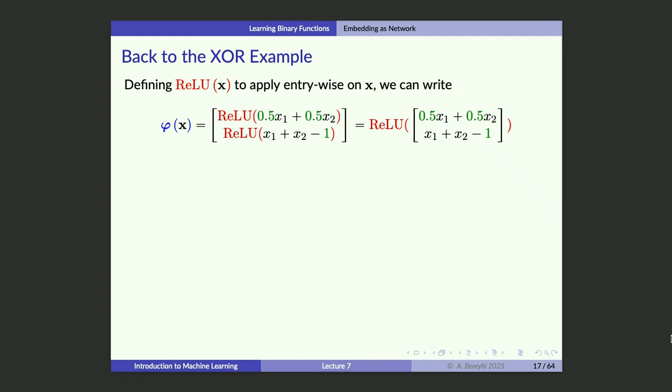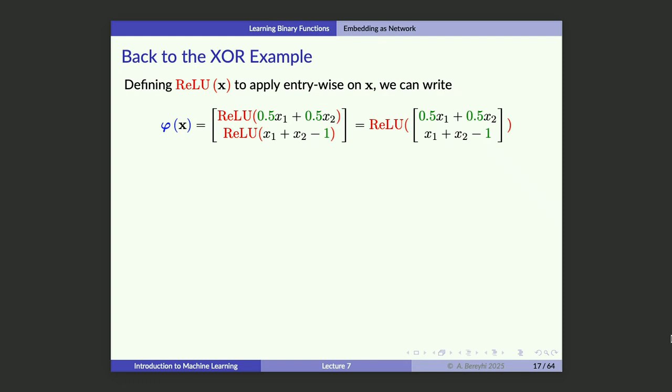So the first line is going to be ReLU of some matrix times x1, x2, some vector here. Can you tell me what I should put here as the first term? Look at that: it's half x1 plus half x2. So it should be half, correct?